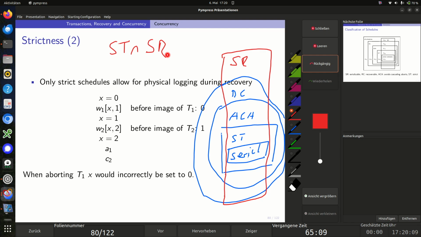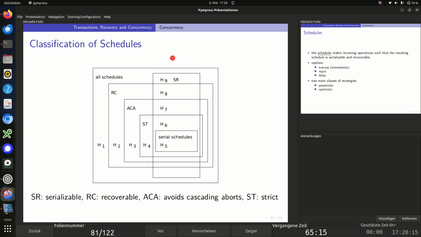So the idea is getting all the strict and serializable schedules. Here you see again the classification: you have the serializable schedules, the serial schedules, and all the other kinds of schedules. I think this refers to the histories defined before.